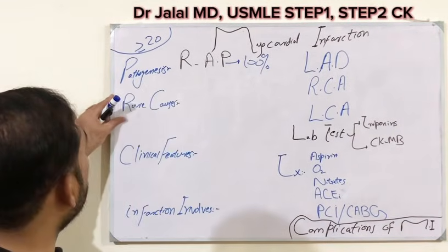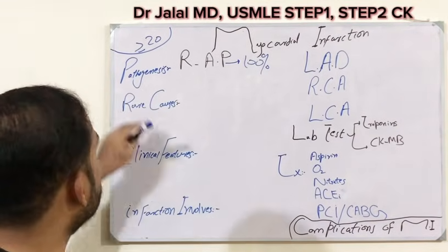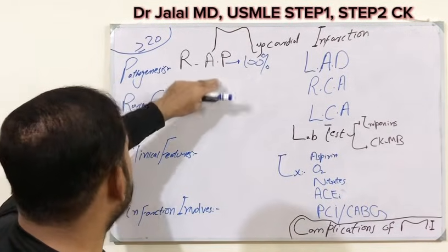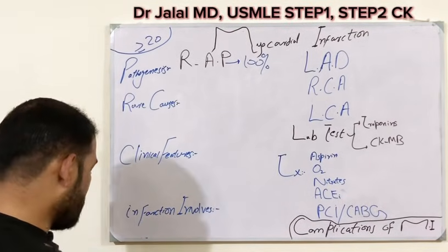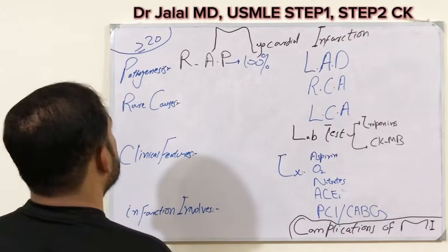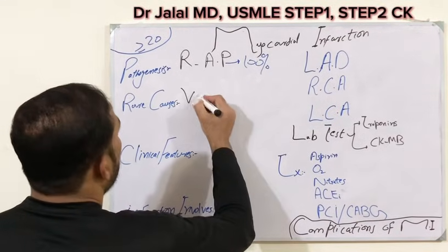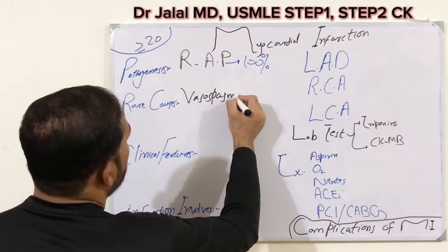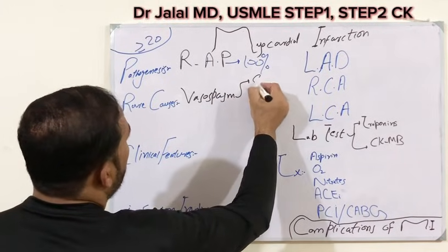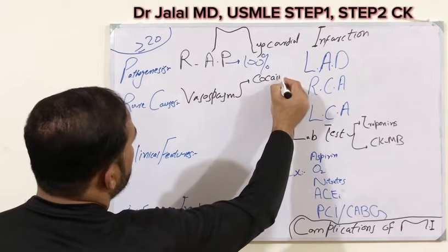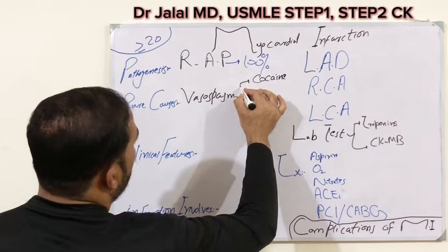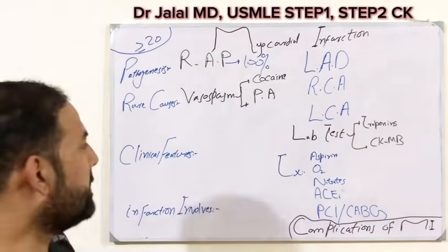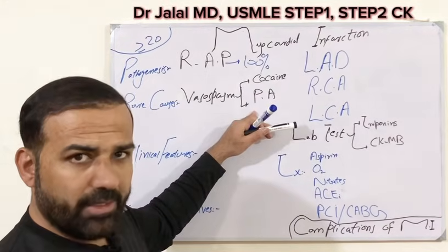Now let's talk about rare causes. Sometimes, apart from the atherosclerotic plaque that we have just discussed, vasospasm can contribute to this. Vasospasm of coronary vessels can be due to cocaine abuse, or it can be due to Prinzmetal angina that we discussed in our prior lecture.